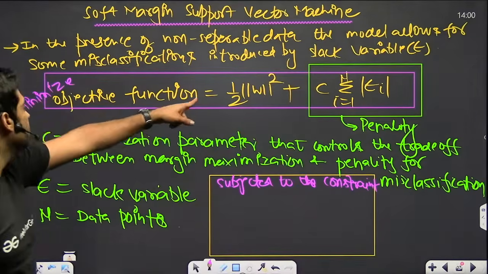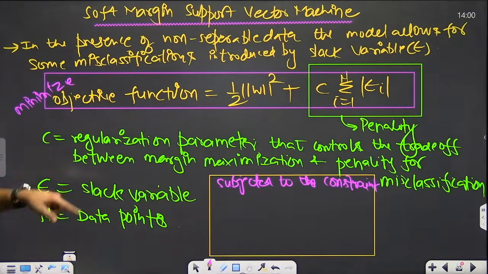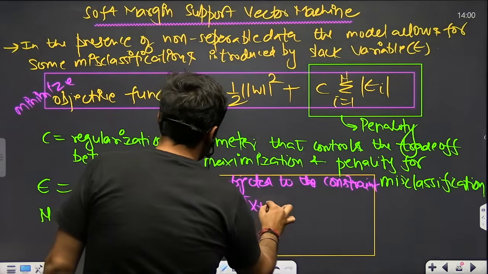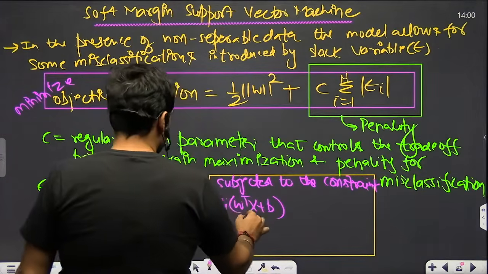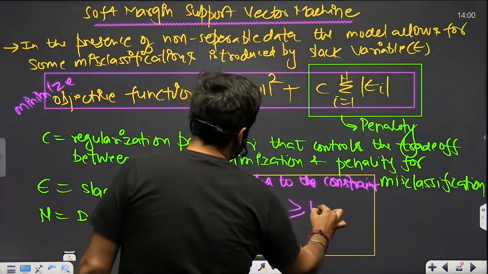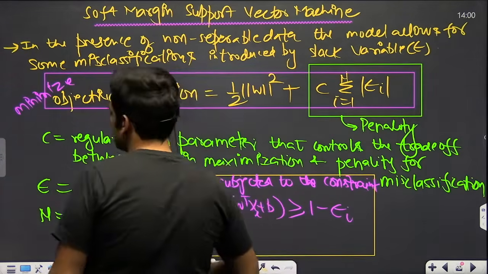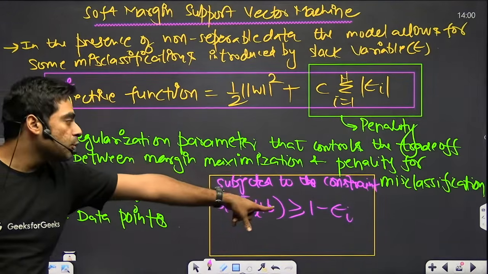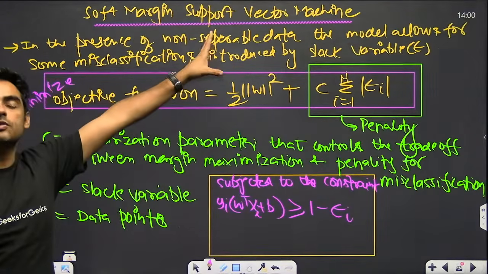This objective function is subjected to the constraint: y i times (w transpose x i plus b) is greater than or equal to 1 minus epsilon i. Okay, so this is the constraint that a support vector machine has for a soft margin support vector machine.